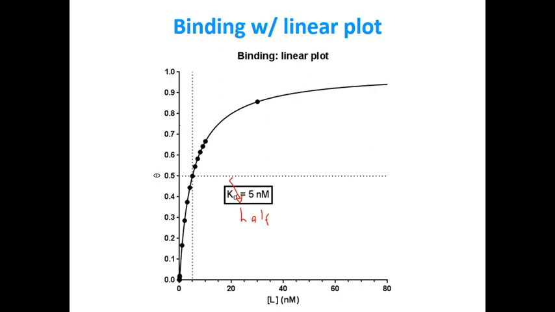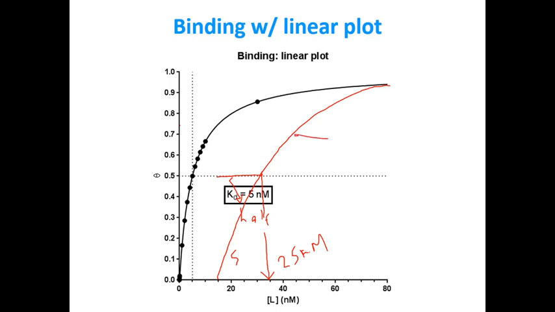Now consider another ligand which has a plot like this. If you find the Kd from this, Kd is about 25 nanomolar. Now this is 5 and this is 25.